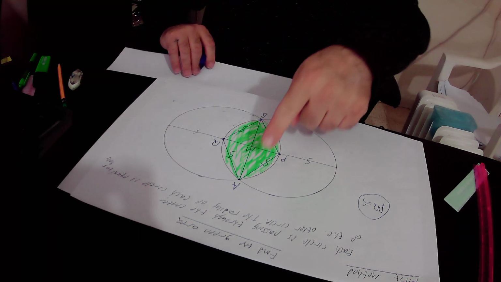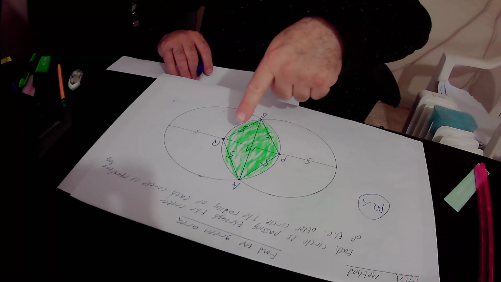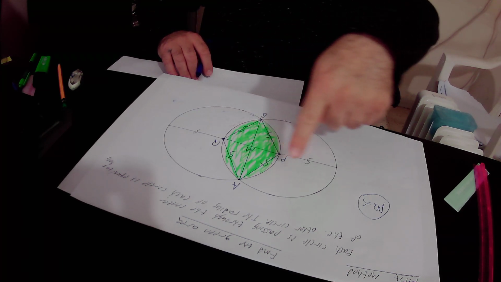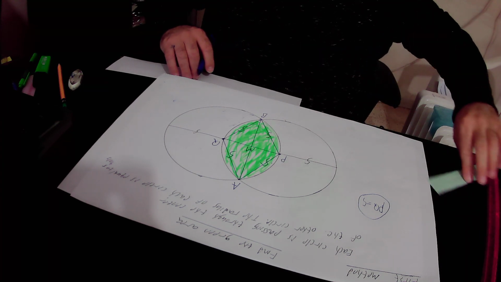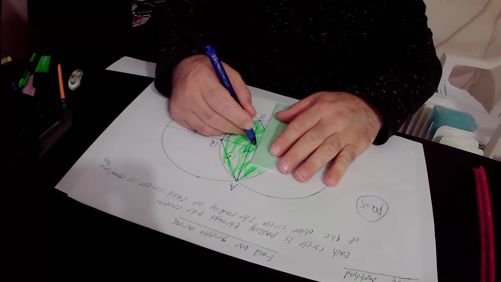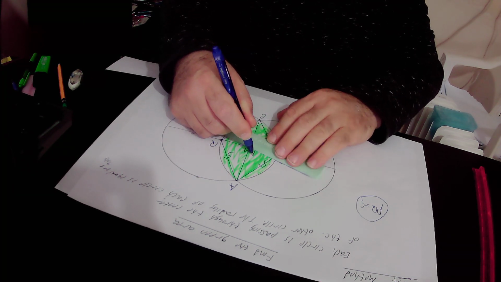So here the diagonal AB is perpendicular to the diagonal PQ, and the diagonal PQ is perpendicular to the diagonal AB. That is to say, we will have here four right angles.